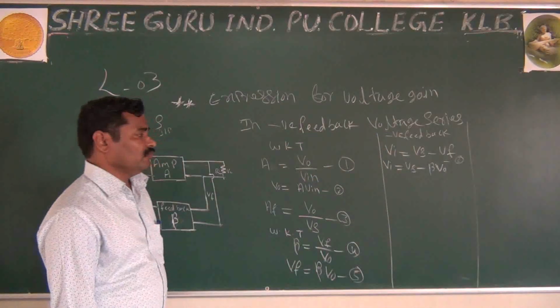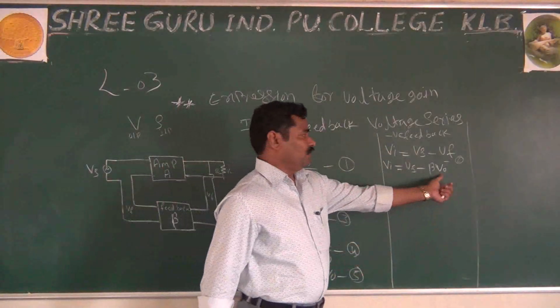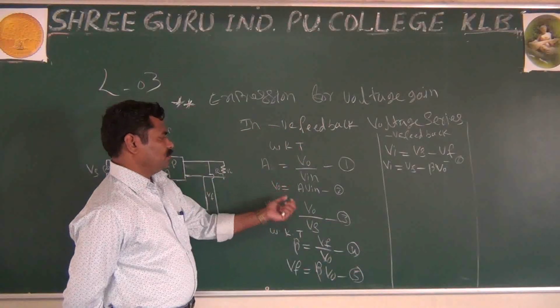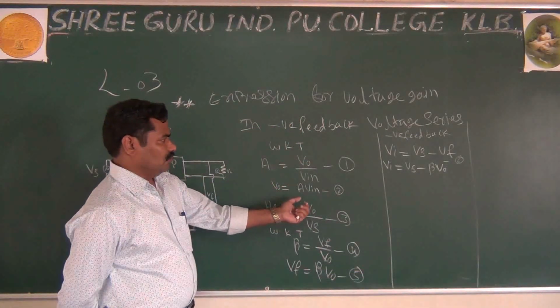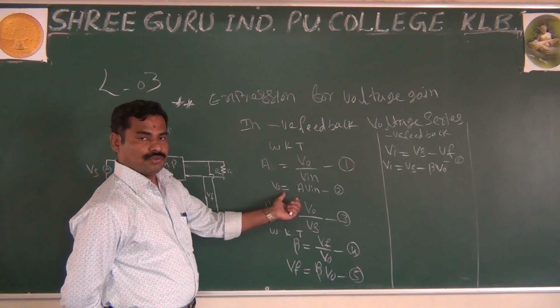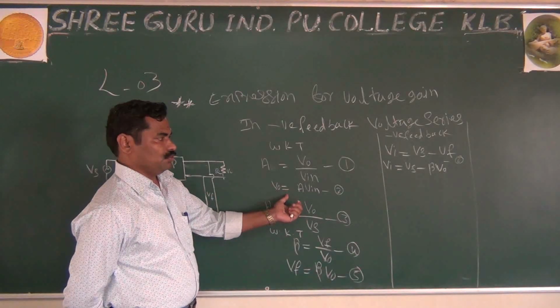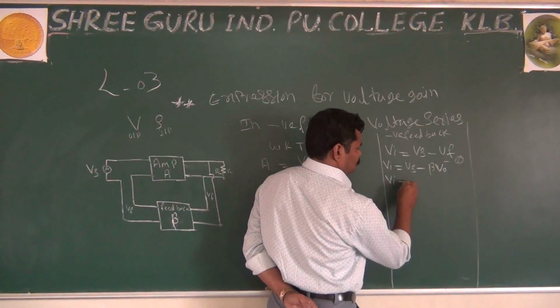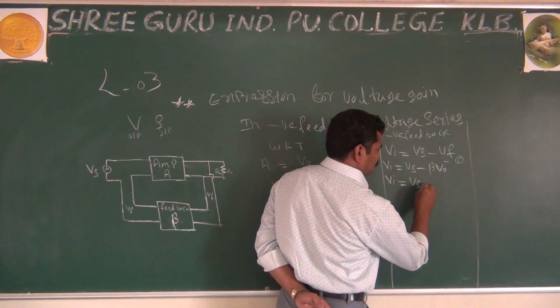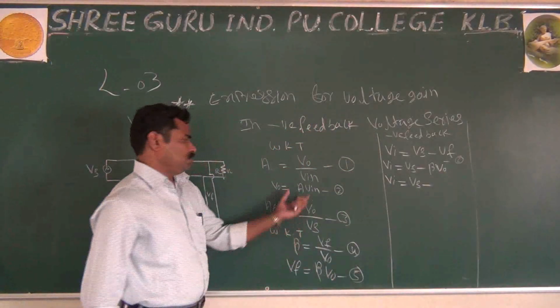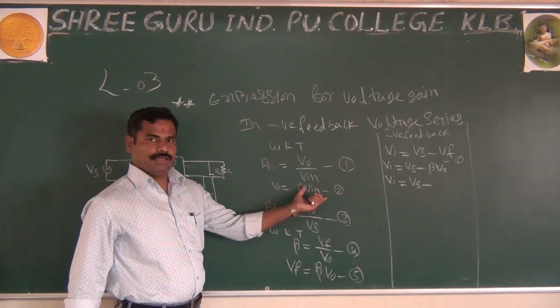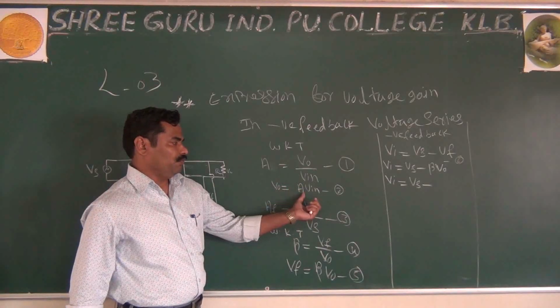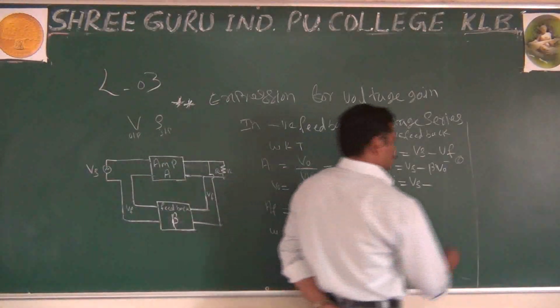Then this V0 you take from equation 2, V0 equal to A into Vi. Put A into Vi in place of V0.